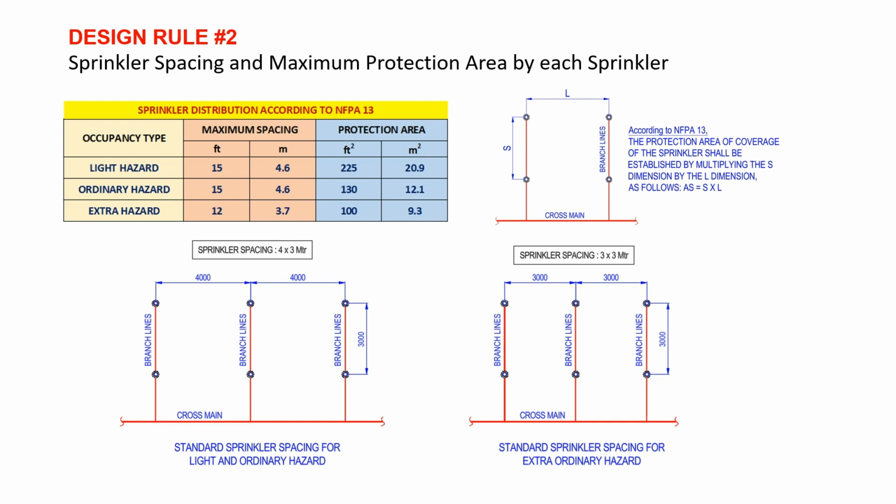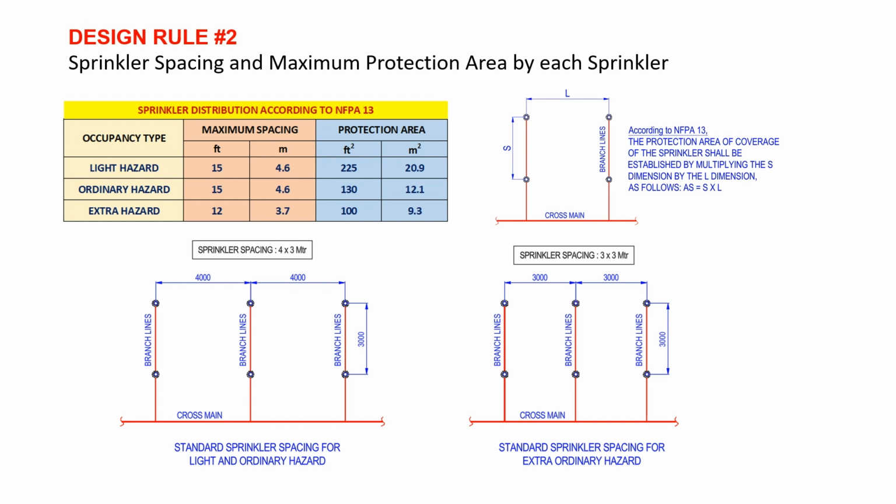And for extra hazard, maximum sprinkler coverage is 100 square feet. Please note that according to NFPA 13, the coverage area shall be calculated by multiplying the dimension L with S. So area is equal to S into L, which will give you the total protection area.